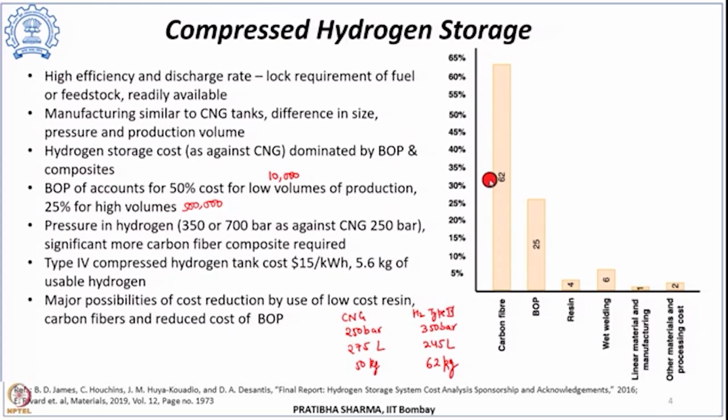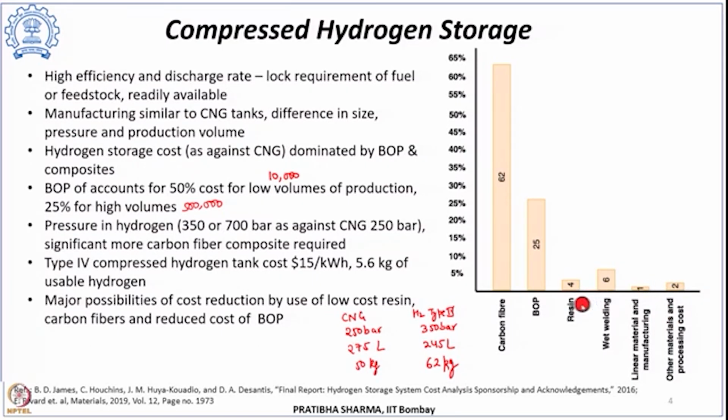This is when the volume of production is higher, that is 5 lakh units. Balance of plant is 25%, resin cost is 4%, wet welding is 6%, liner manufacturing and material cost is 1%, and the other material and processing cost is 2%.